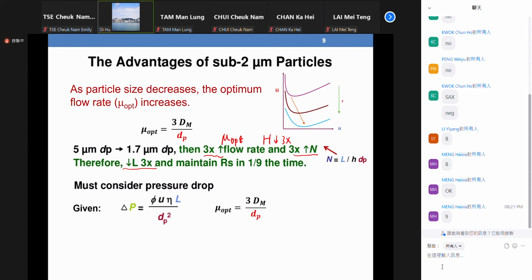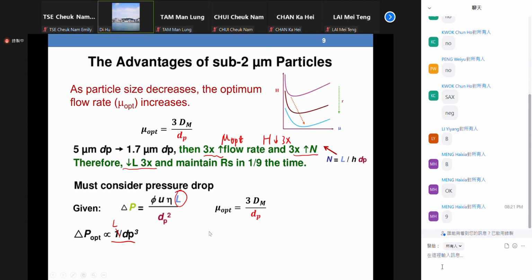So, at the optimized flow, it is better not to say 1L, keep this LN, consider L. So N is proportional to L over dP, 3 times, triple it.